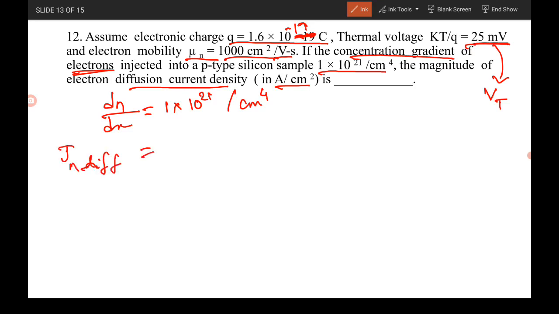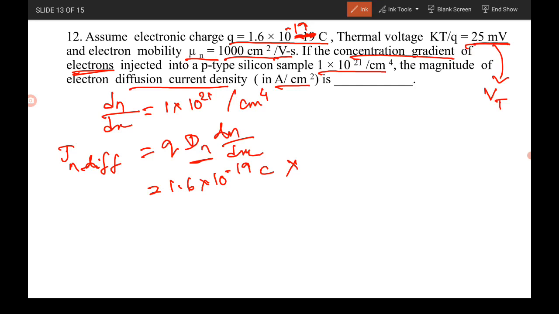So simple, we have to put the formula, that is Q times Dn times dn by dx. Here capital Dn is the diffusion constant. Substitute the value of Q, 1.6 into 10 to the power minus 19 coulombs. What is the value of Dn given? Here Dn is not given.